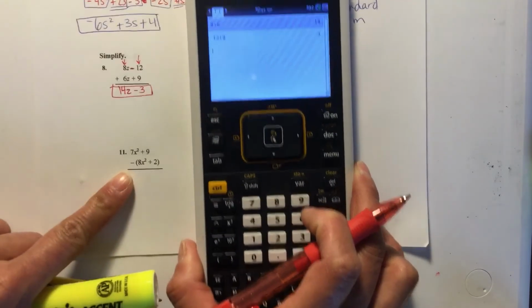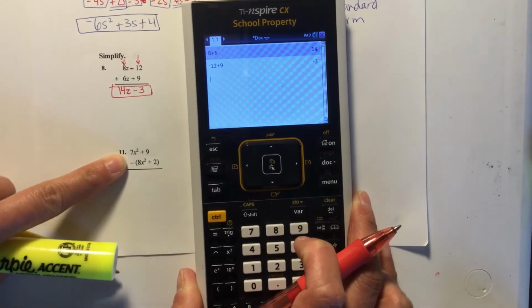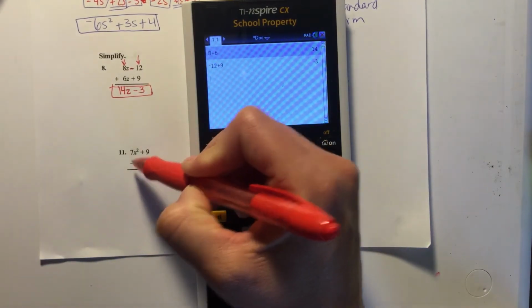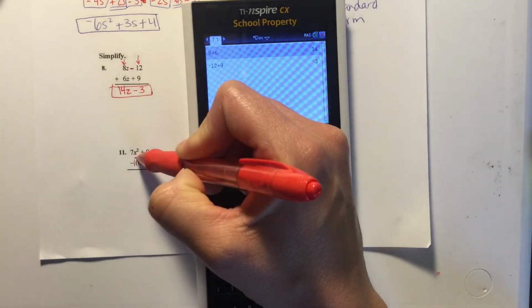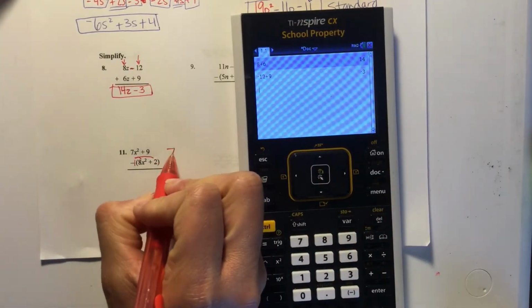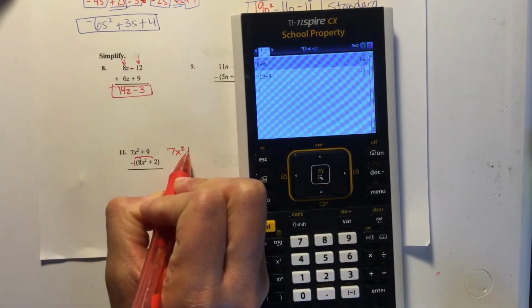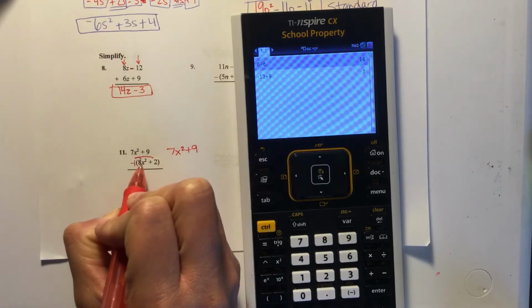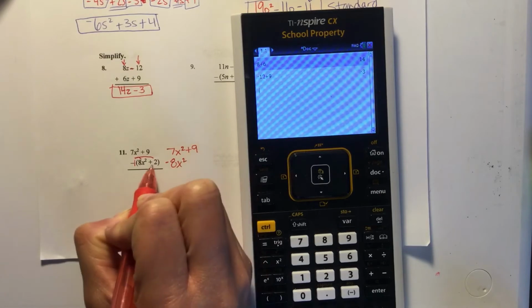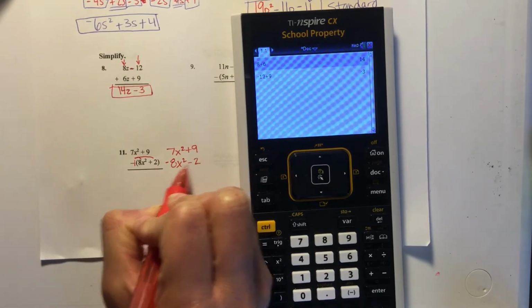Number 11, you have 7x squared plus 9, and you have minus 8x squared plus 2. So you need to take this negative 1, distribute, and it's going to change the signs. So you're going to have 7x squared plus 9. This is going to change to a negative 8x squared, and this is going to be a minus 2 now.